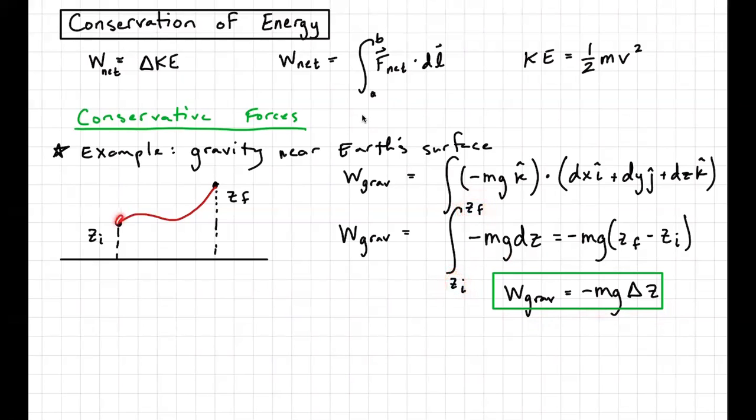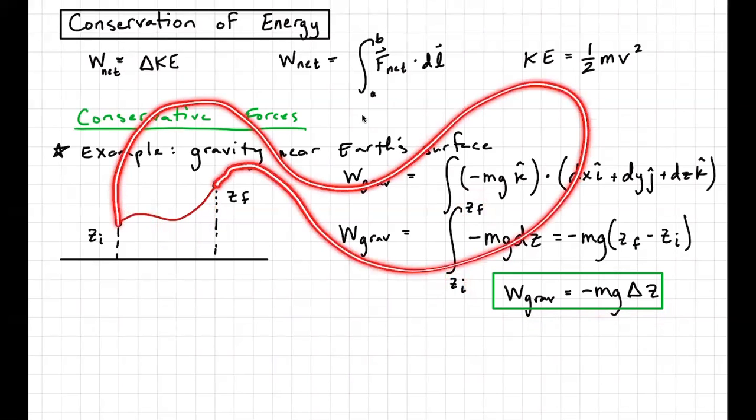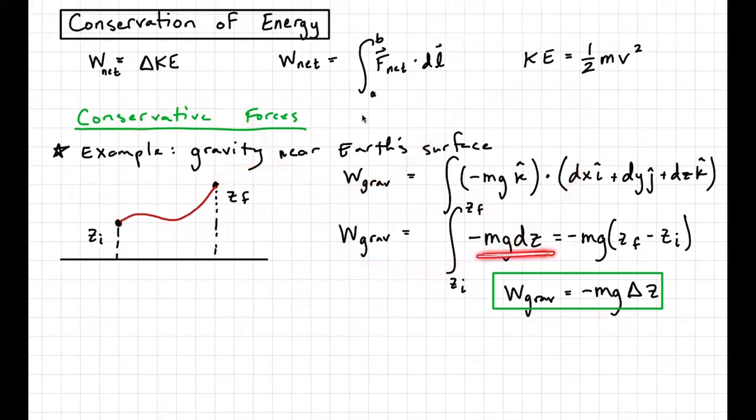I could have some other path here, even a wackier path if I wanted to, as long as I started in the same initial place and ended up in the same final place, the work done by gravity will be the same. The force never changes, so no matter how I get from z initial to z final, I get the same amount of work done by gravity. So let me write this down.